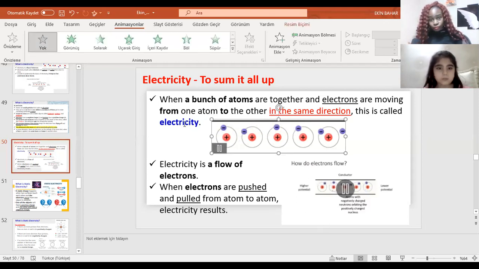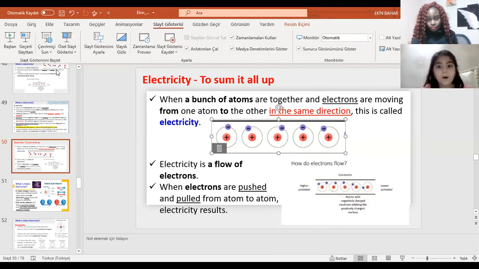When a bunch of atoms are together and electrons are moving from one atom to the other in the same direction, this is called electricity. So see, from this atom to this atom, from this atom to this atom.